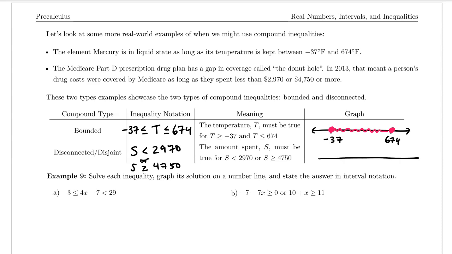And if we were to graph that, notice that it will not be a single interval that we're graphing. So I would find 2,970 and then 4,750. I would place an open circle on the left here and then shade to the left. And on 4,750, I would put a closed circle and then I would shade to the right.